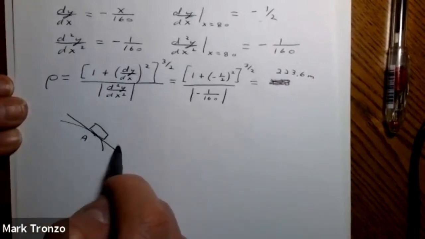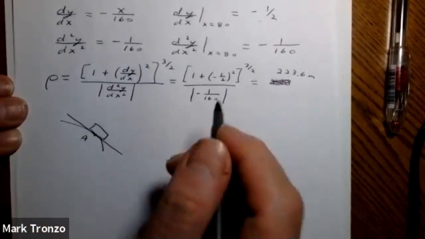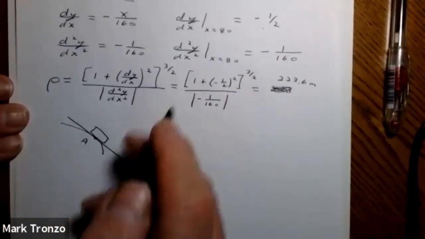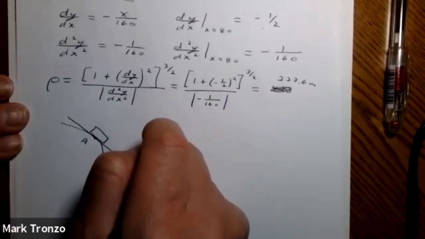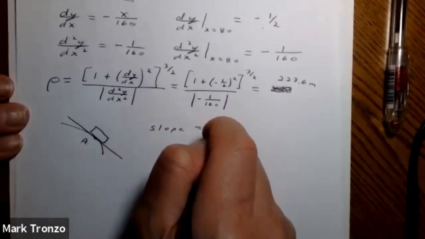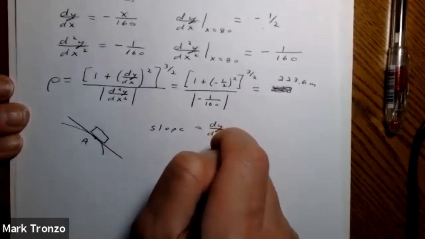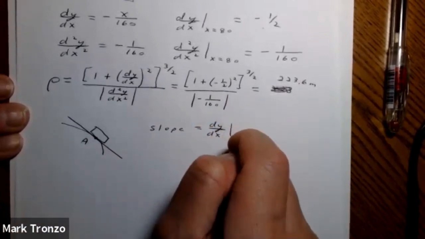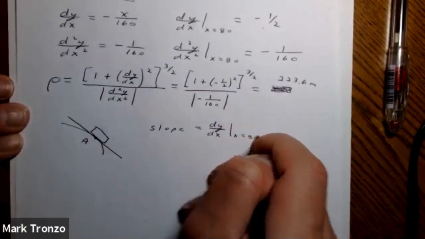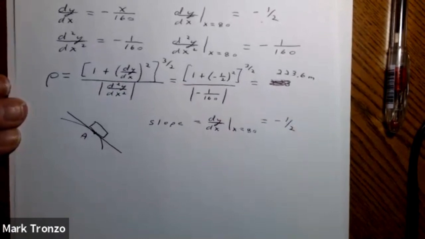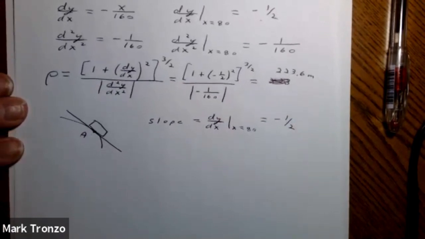So we're going to have to figure out what the slope is, and you remember, of course, the slope is going to be dy dx. Remember from calculus, the slope is always going to be dy dx, evaluated at point A, where x was equal to 80. So our slope is minus 1 half.